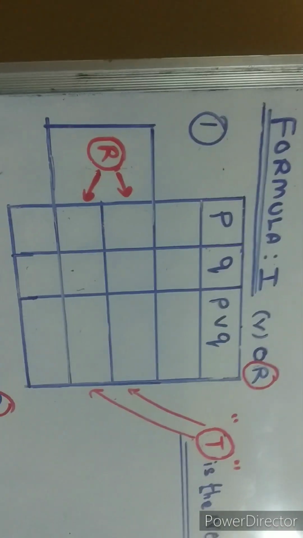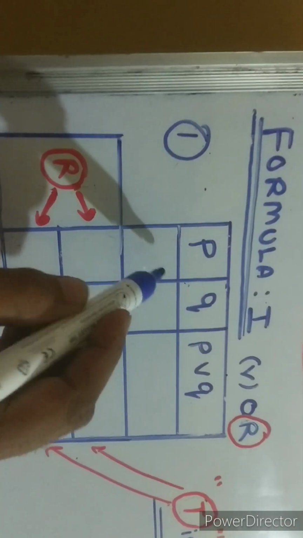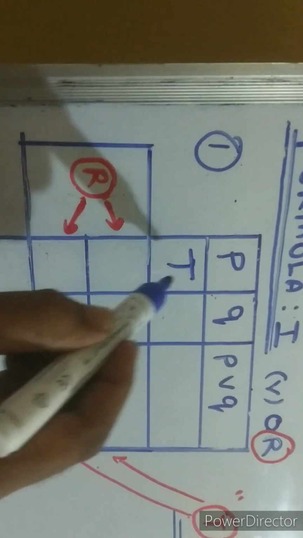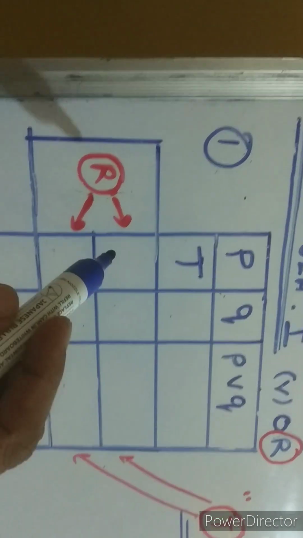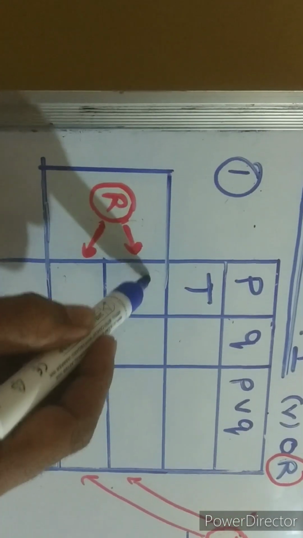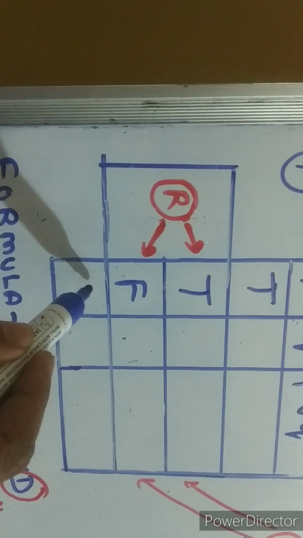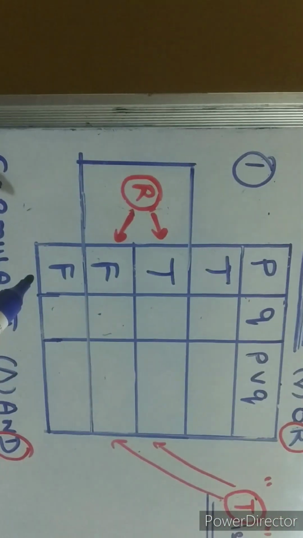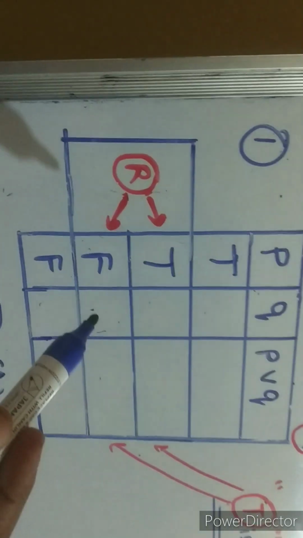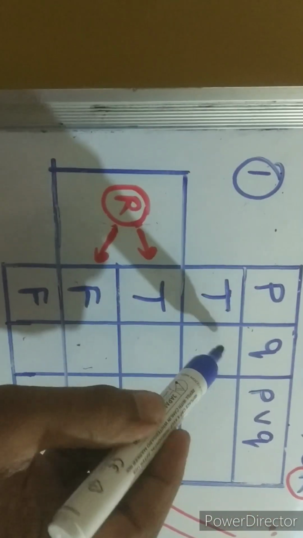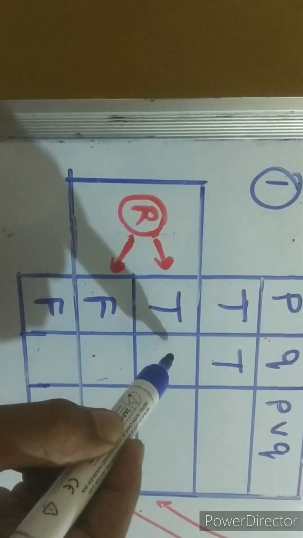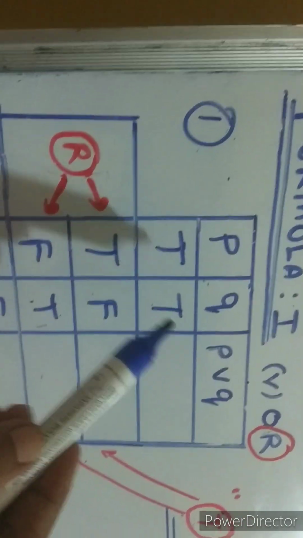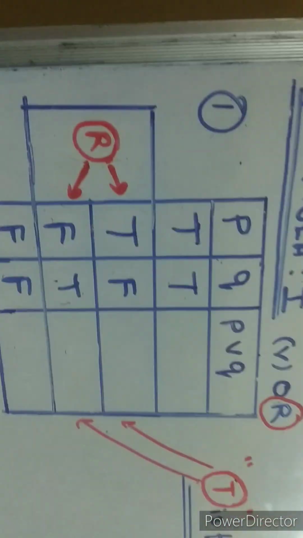Now the OR formula. First in P: T T, F F, two times T and two times F. Next in Q: T F T F, alternating.